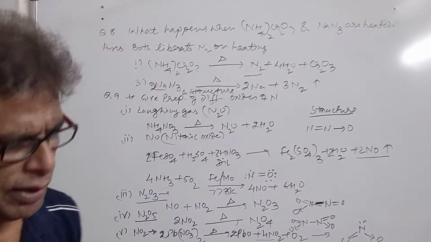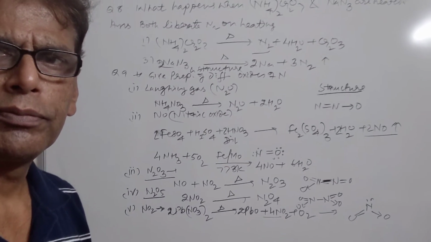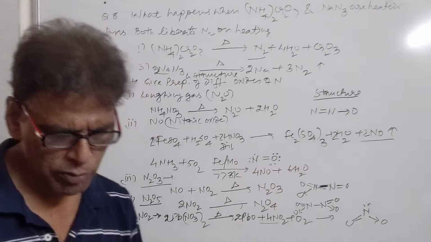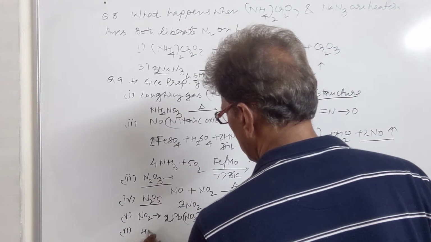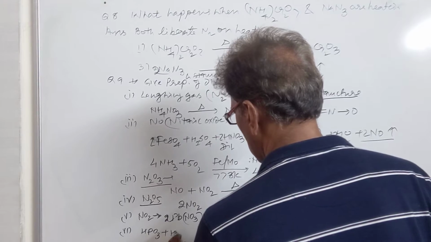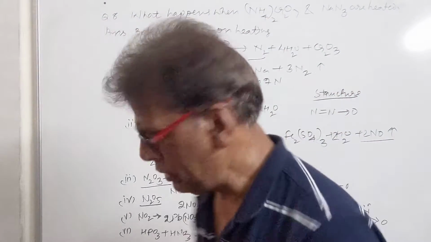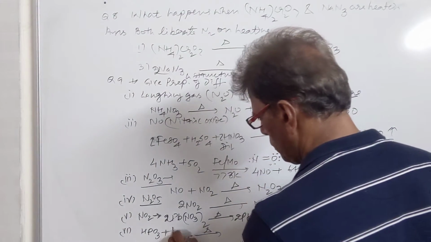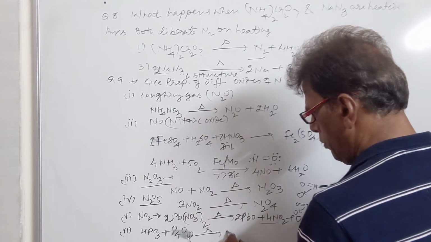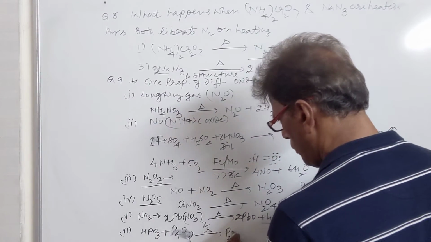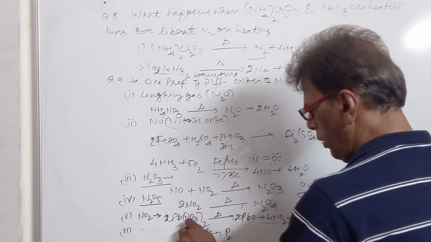Then we have N2O5. It can be obtained by treating HNO3 with P4O10. 4 molecules of HNO3 are heated with P4O10, and you will get N2O5 along with HPO3.